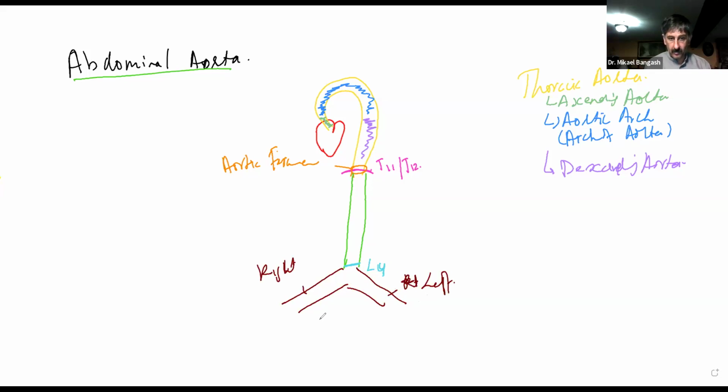These arteries are going to be referred to as the common iliac artery. So you're going to have a right common iliac artery and a left common iliac artery. Clear?